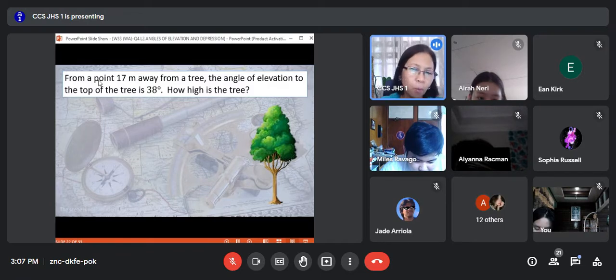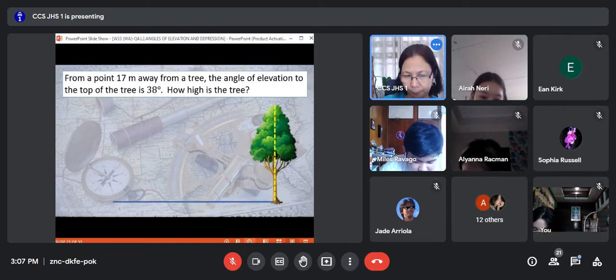So where is that point? It is away from the tree. So you're going to locate a point away from the tree that is 17 meters. That will be your point.